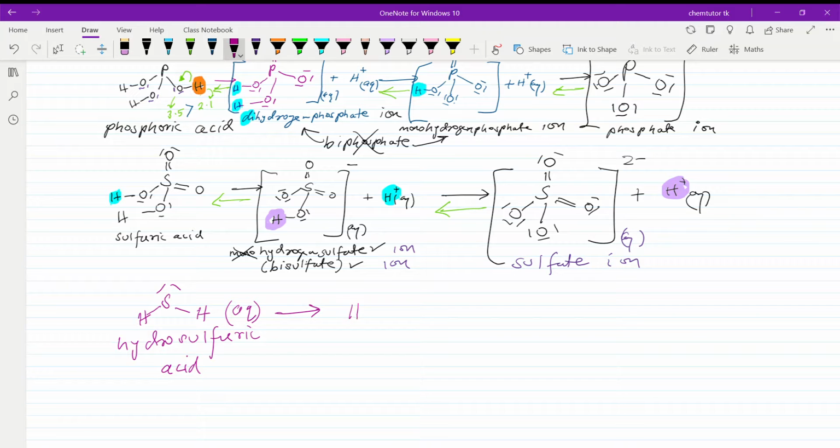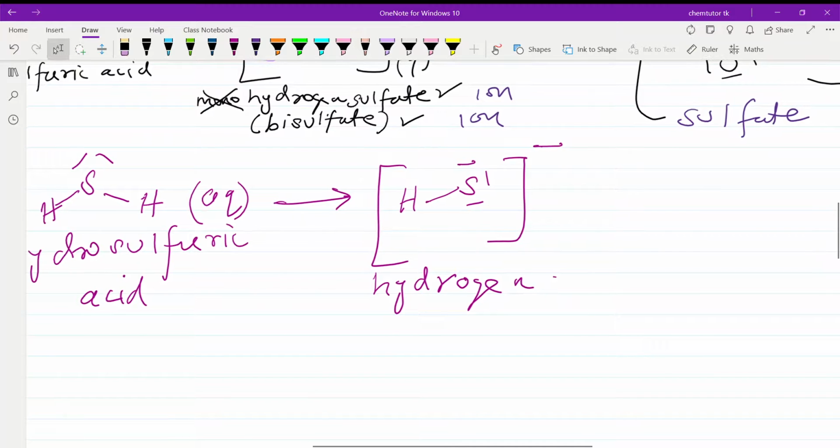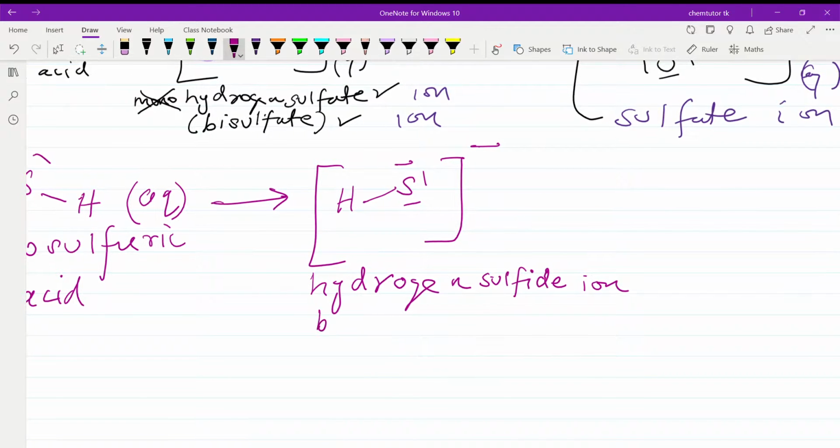So when it loses the first hydrogen, it becomes hydrogen sulfide ion. So you can say hydrogen sulfide ion. You don't need to specify monohydrogen because it is only one. Otherwise, you can say bihydrogen, sorry, bisulfide ion.